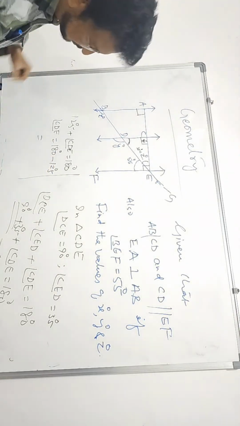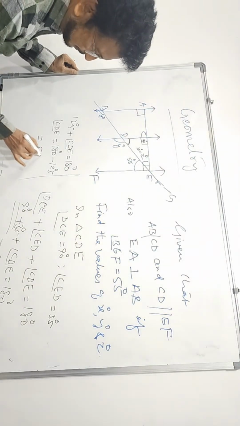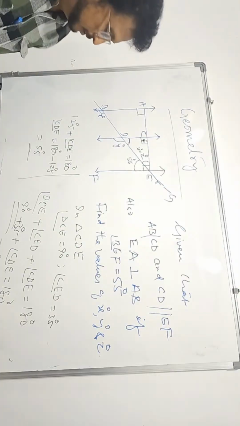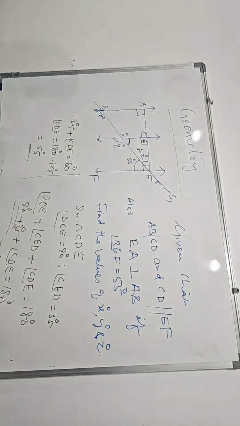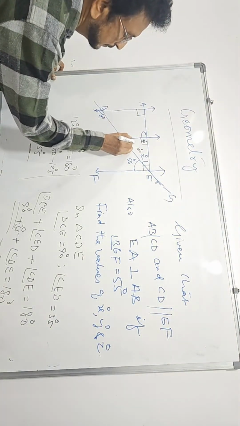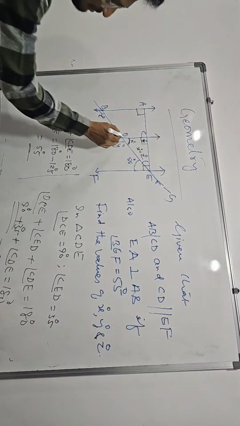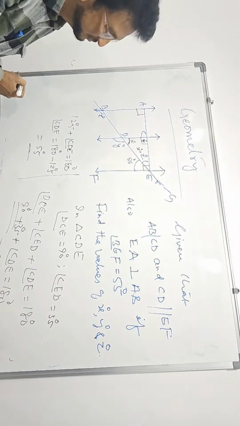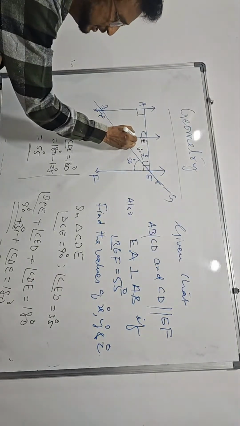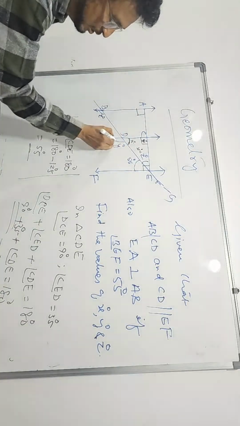Subtract these two. 55 you will get. 125 plus 55 is 180. Therefore, this angle is how much? 55. Now tell me what is y then? Easily you can say, because it is a straight angle. Straight angle is 180. If it is 55, this should be how much?